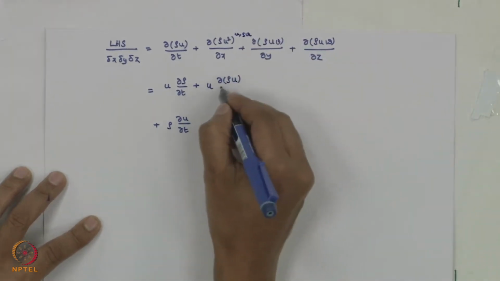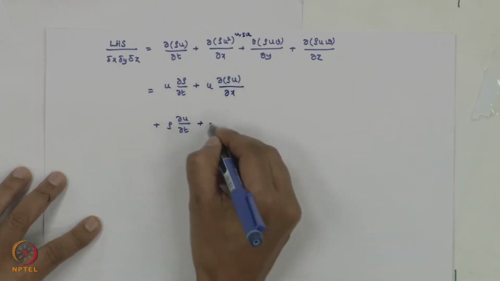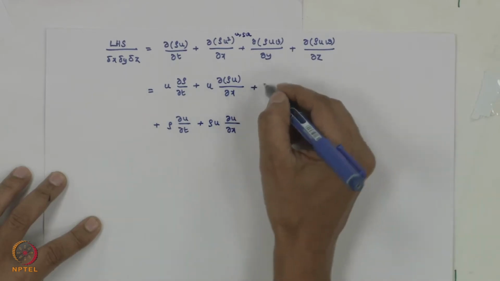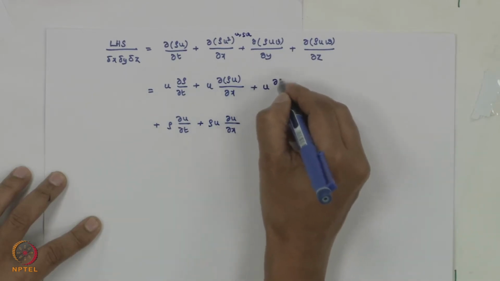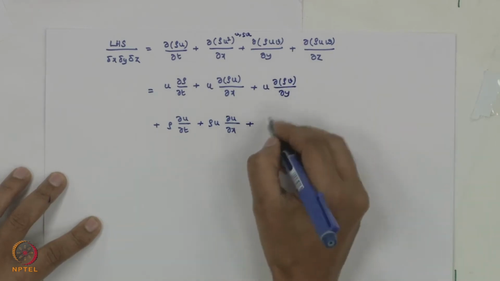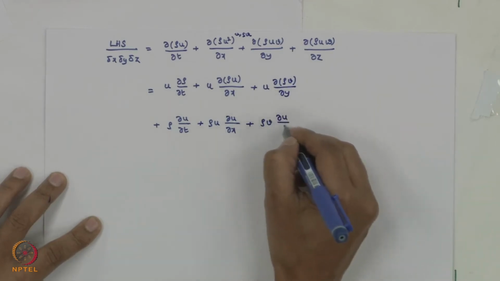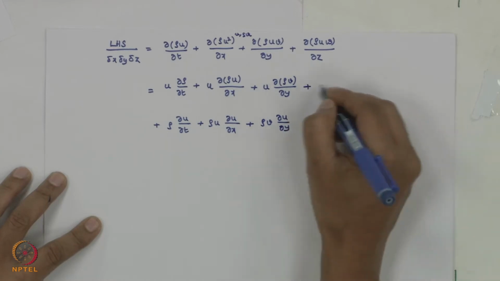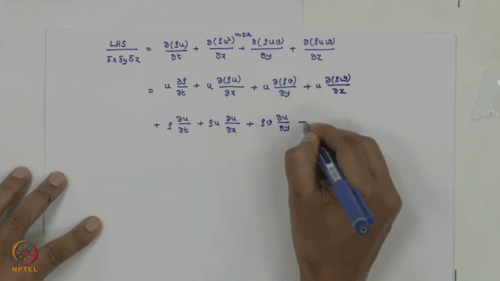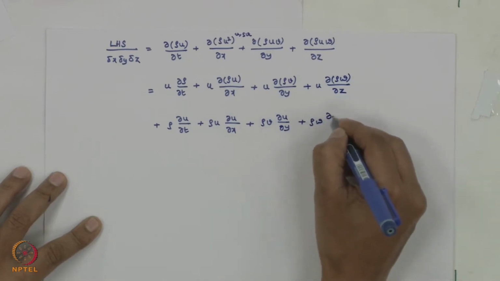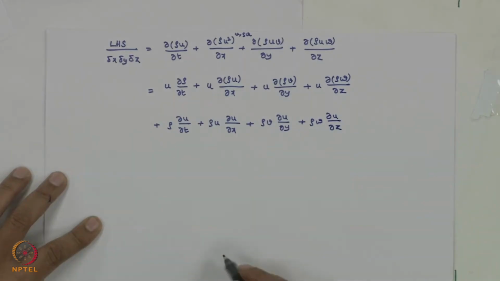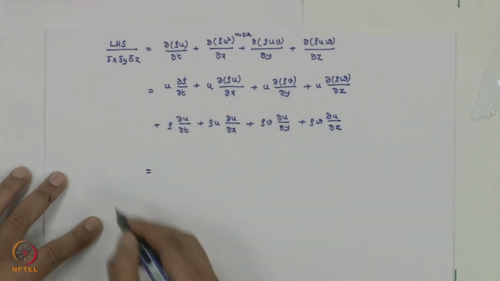So you have u del rho u by del x plus rho u del u by del x. Similarly, u del rho v by del y plus rho v del u by del y plus u del rho w by del z plus rho w del u by del z. Correct?